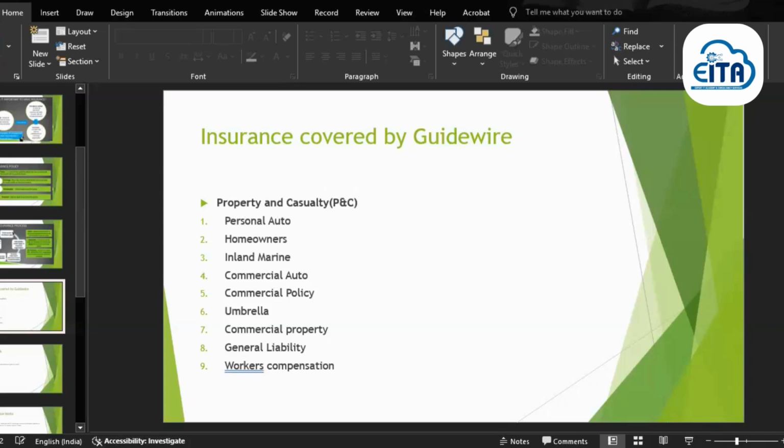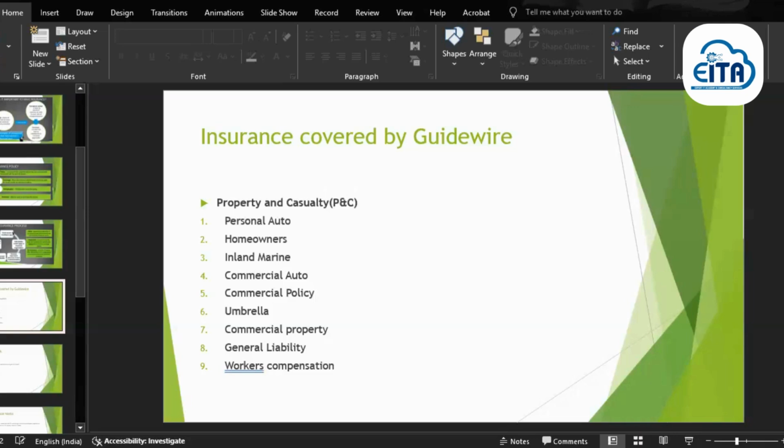Then we have the seventh one, commercial property, which is used to provide insurance for your property which is for commercial use. Then we have inland marine, which is used to provide insurance for your water vehicles. And the fifth one is the commercial policy, which is a package policy. Package policy means in a single policy, you can have multiple lines.